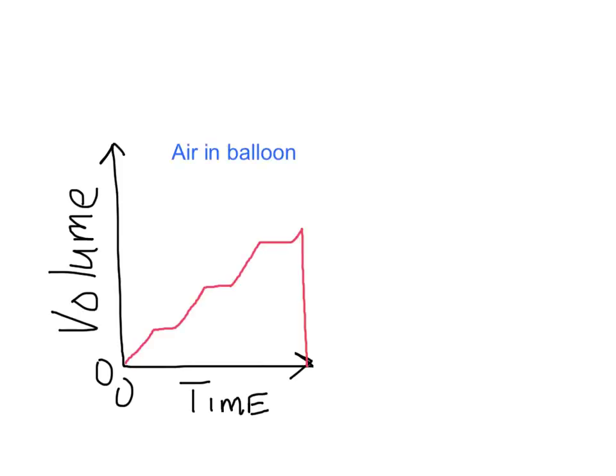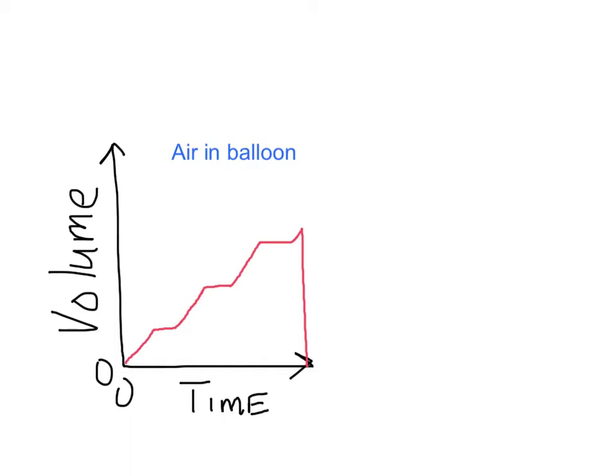But first, let's look at this problem. You don't need to write it down, but let's read it. The graph shows the volume of air in a balloon as you blow it up until it pops. What are the variables? Describe how the variables are related at various points in the graph. So the variables are just the two quantities that are related to each other.